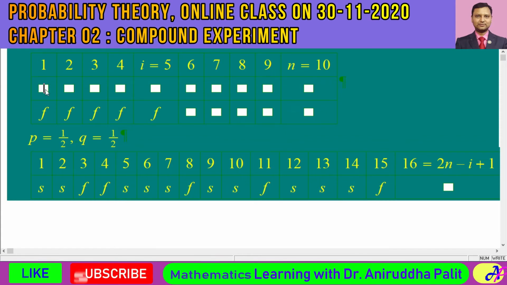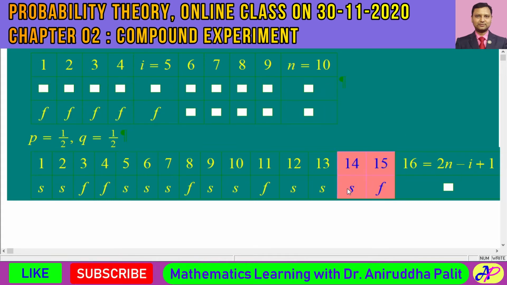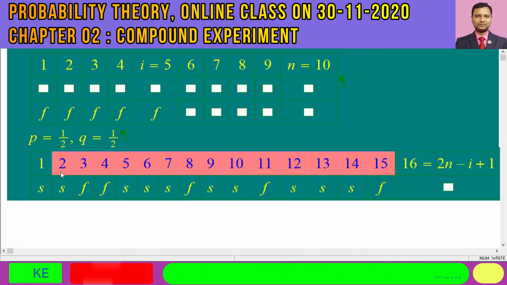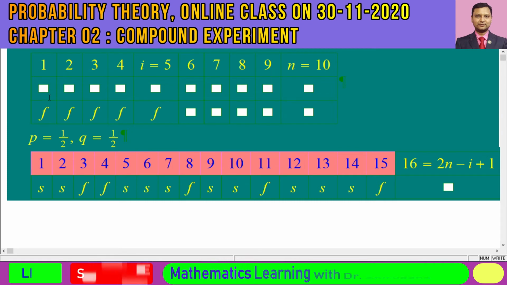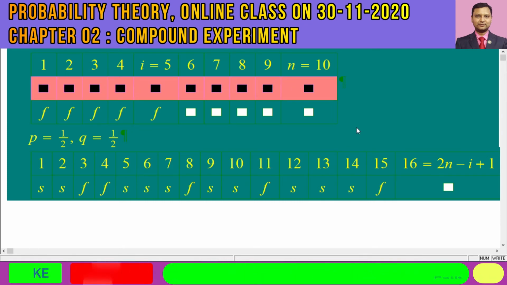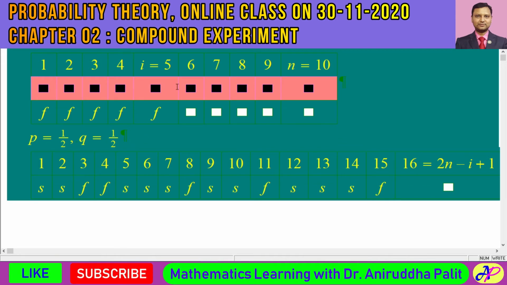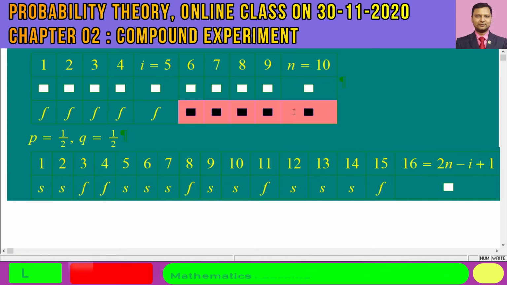It means that altogether we have twice n number of trials, out of which in the first 2n minus i number of trials we have chosen the first box n number of times, and the remaining n minus i number of times we have chosen the second box.